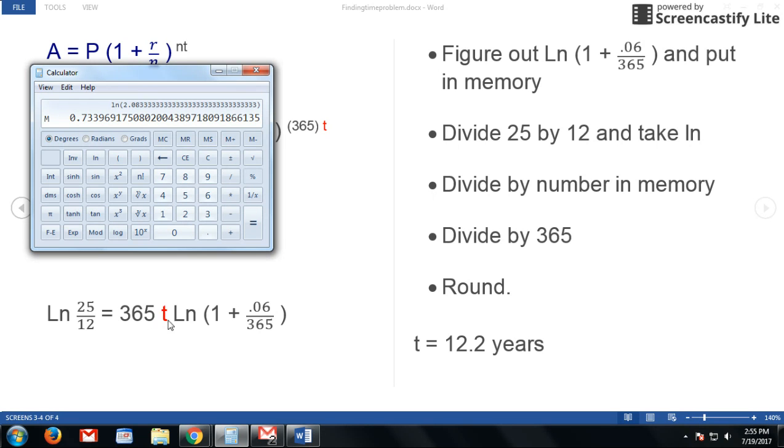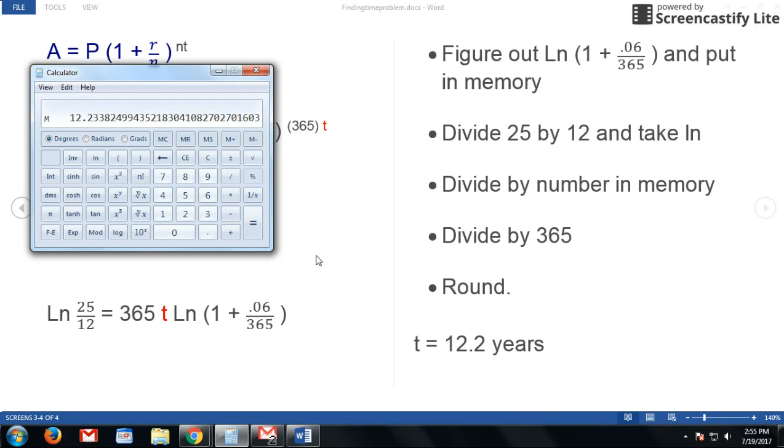So if you're trying to get t by itself, we need to divide by the stuff that's here and divide by the 365. The stuff that's back here behind t, remember, we've got that in the memory of our calculator. So press divide, memory recall, and press equals. Now let's divide by the 365 that's in front and press equals one more time.